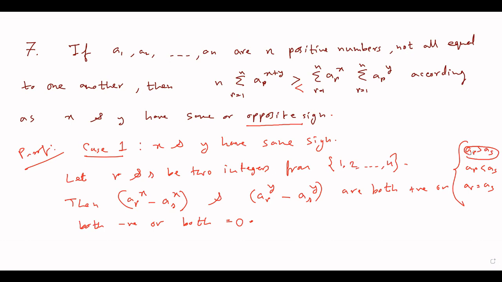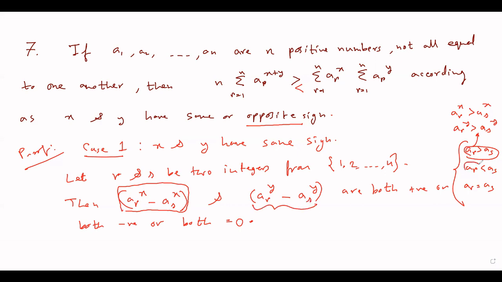First, if ar is greater than as, then this would mean ar to the power x is greater than as to the power x, which would mean ar to the power x minus as to the power x is positive. But it would also mean that ar to the power y is also greater than as to the power y, taking power y on both sides of the inequality. That would mean this is also positive.